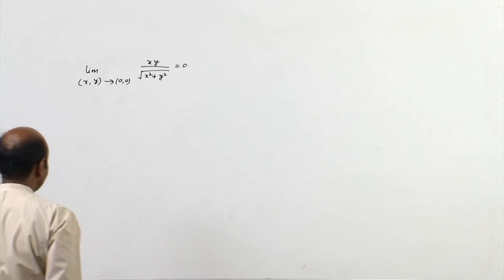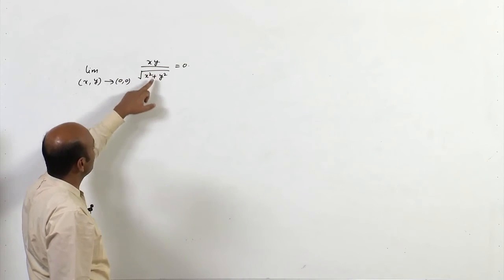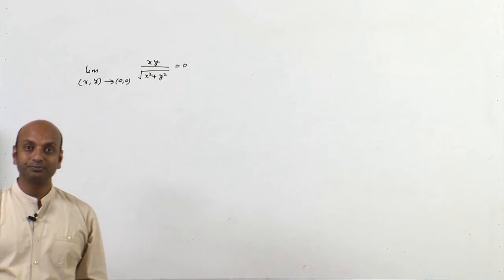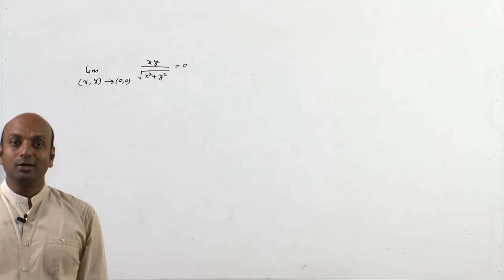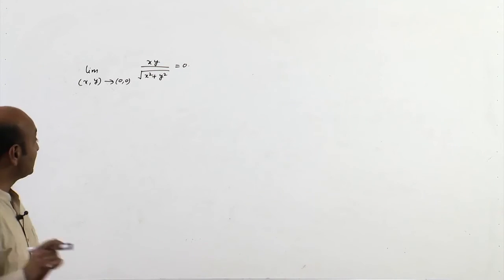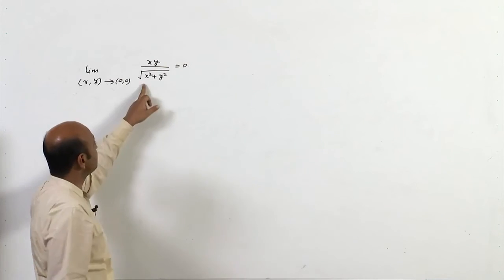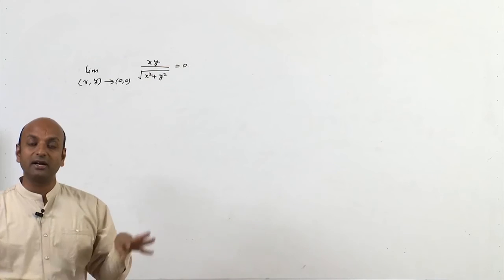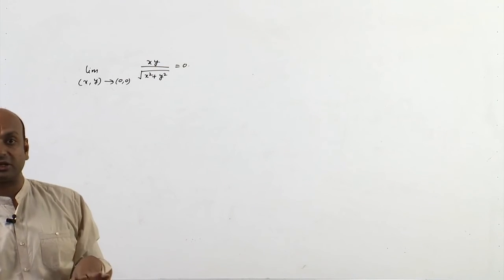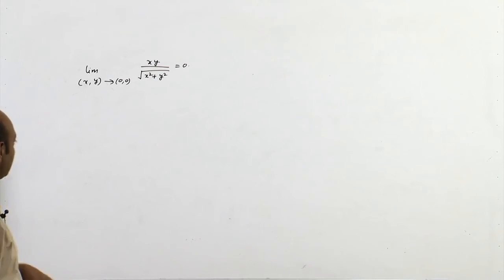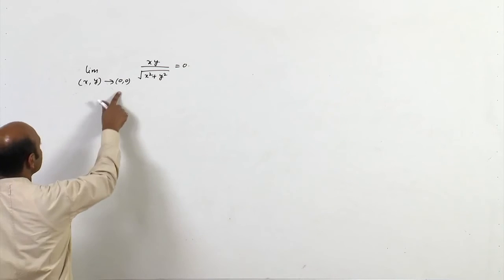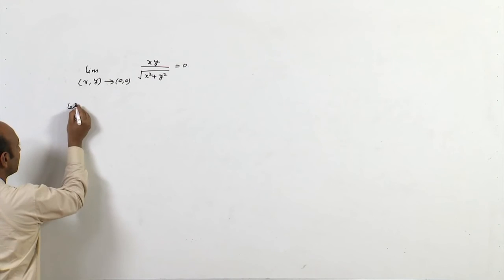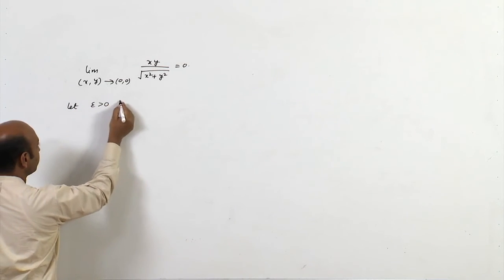Here it is basically a 0 by 0 form, so it is very difficult to say whether this limit exists or not. Again, if this limit exists, we have to show this by the delta epsilon definition. That means we have to show the existence of delta corresponding to every epsilon greater than 0. So how can we proceed? Suppose this limit exists and we have to show its existence. So let epsilon greater than 0 be given.